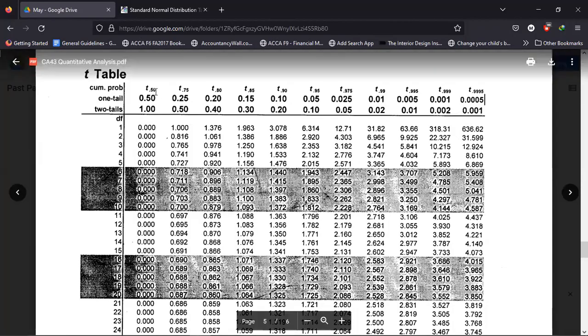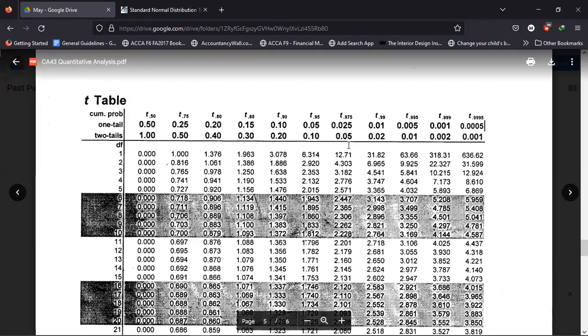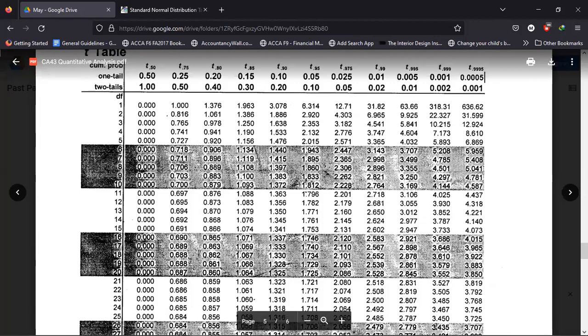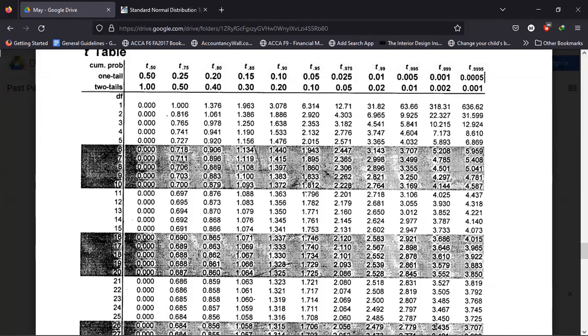We are looking for T975 here, and we match it with our 8. You see our 8 here? Matching with that T975, you get 2.306. That is how you get your T.